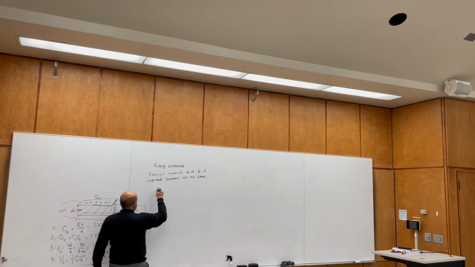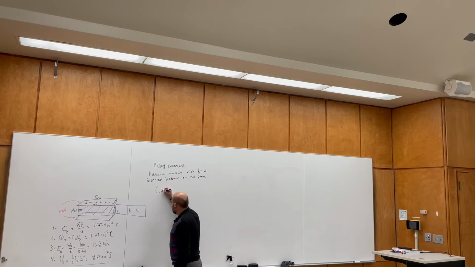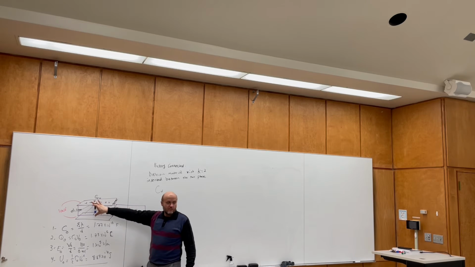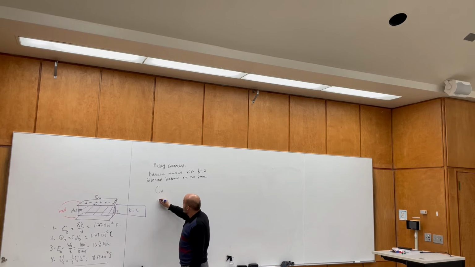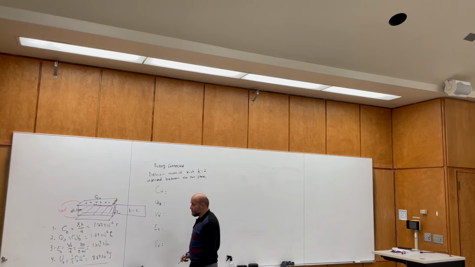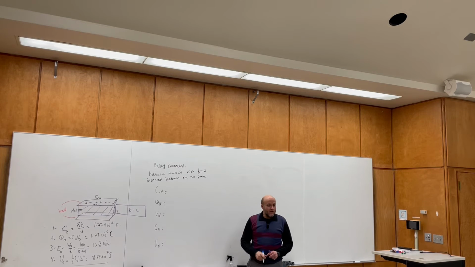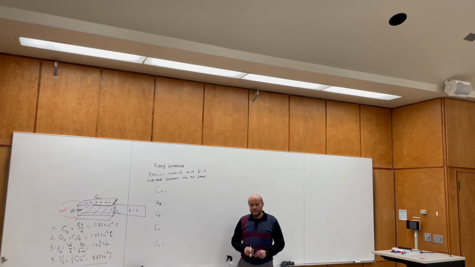What is the C now, after we put the dielectric inside? What are the Q, V, E, and U? So we need to find these values after we put the dielectric between the two plates.